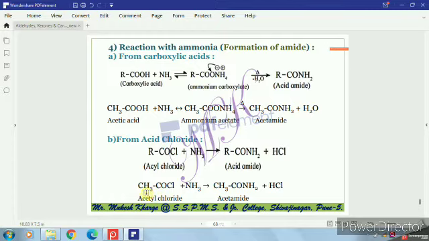So R is equal to CH3, CH3COCl plus NH3. Cl and H give HCl, and instead of Cl, NH2 is attached. So what is the compound? Acetamide. This is the formation of amide from acid or acyl chloride.